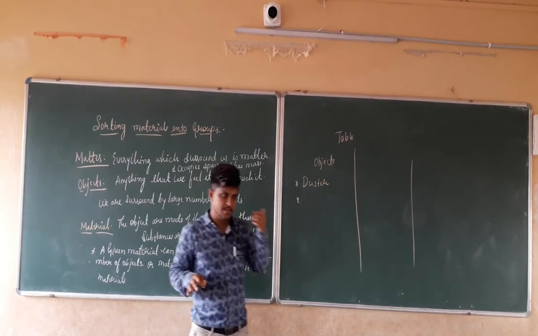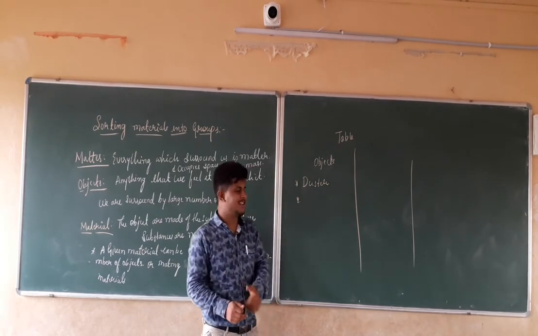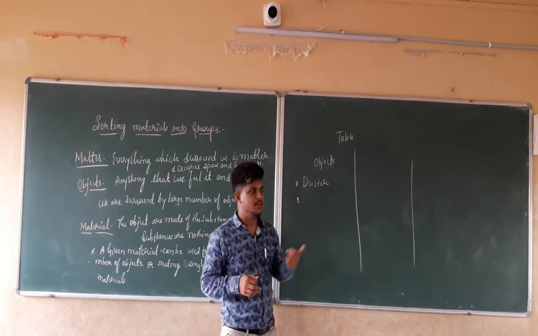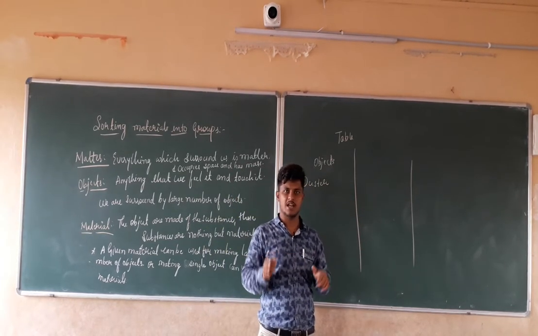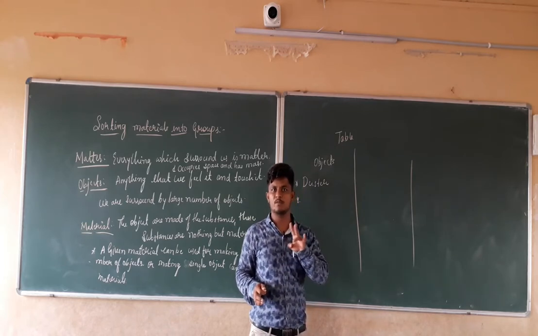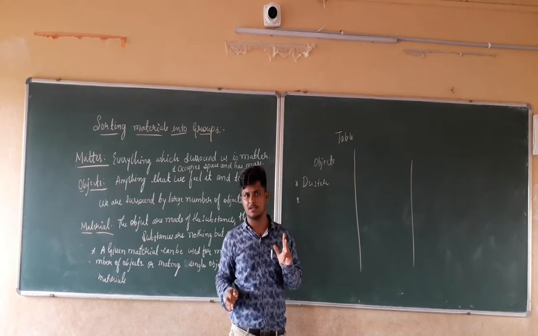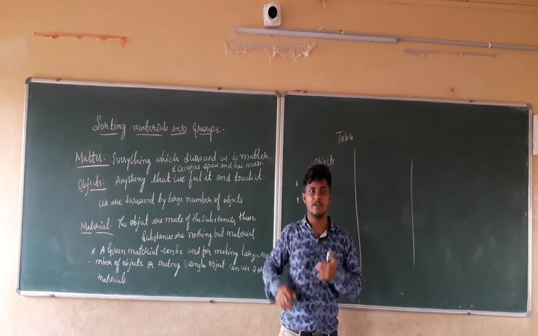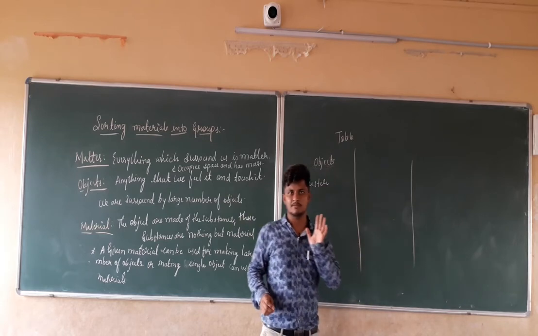You have to take the examples which you see in your day-to-day life, in your surroundings. And those tables should be up to 2 pages. Up to 2 pages you have to write all the examples. Right? And in the further classes we are going to discuss using those examples only.